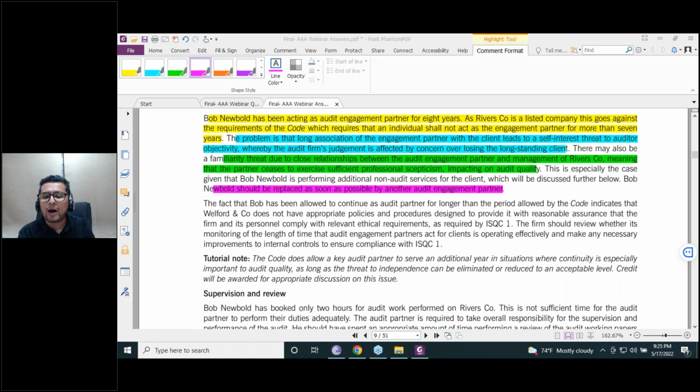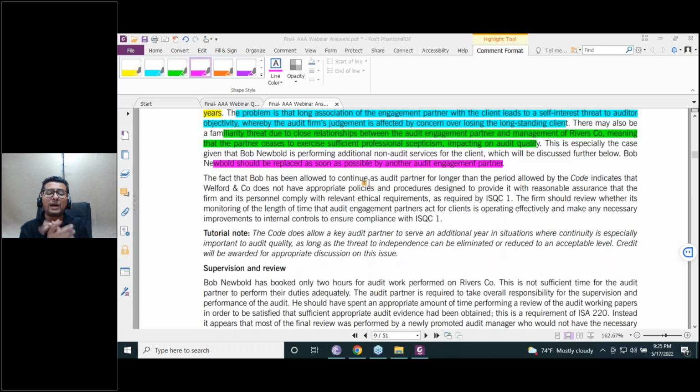There is one more mark available. How? Guys, please realize that Mr. Bob has been the engagement partner for 8 years, and you are also supposed to evaluate the quality control issues. What is the audit firm doing?